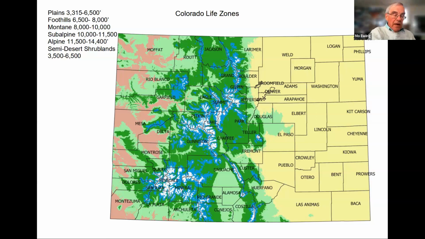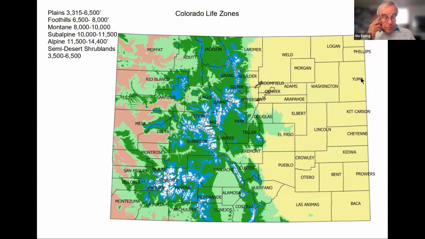One of the main reasons that we have such a variety of flora in Colorado is that we have a lot of different altitudes, starting in the plains out in Yuma County, which is out in here.